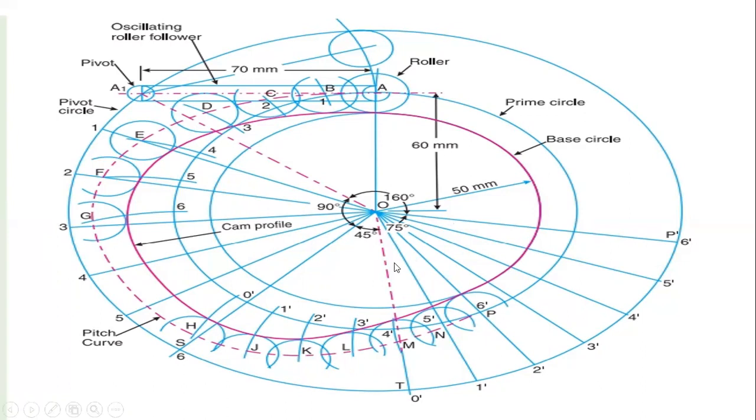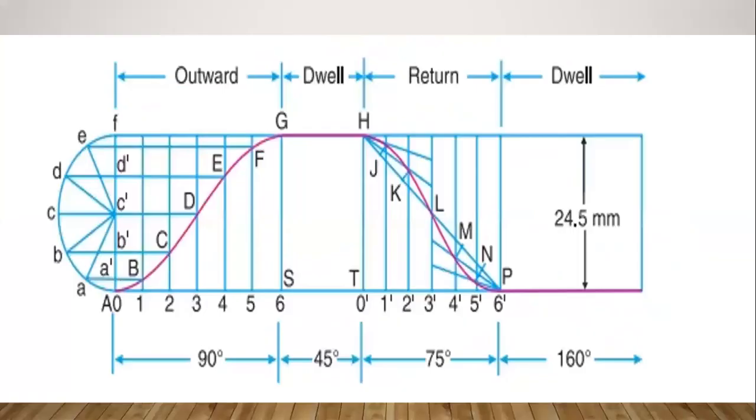Then draw the return stroke section, that is of 75 degrees, and do the same procedure as we have done in the displacement diagram.